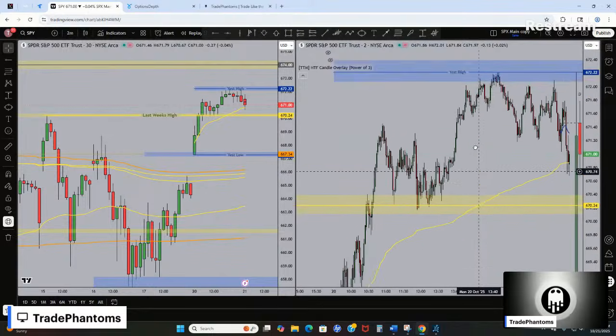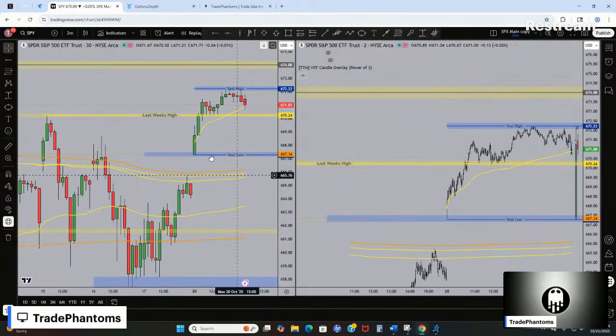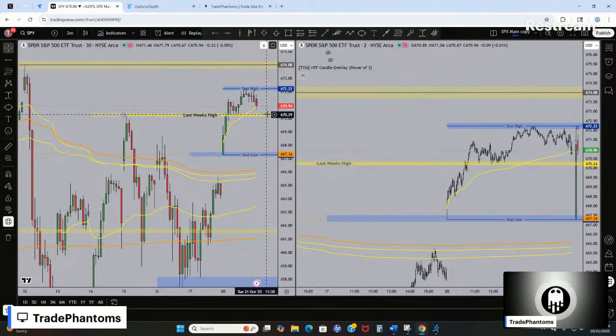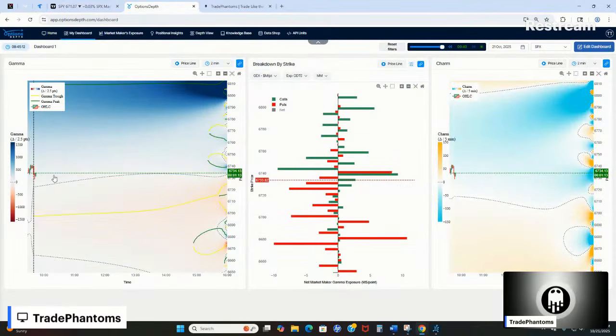The S&Ps, this is last week's high, retesting this side. Maybe we'll get a little bit more lower. It's all negative gags here below.